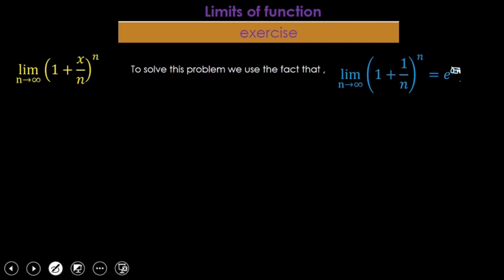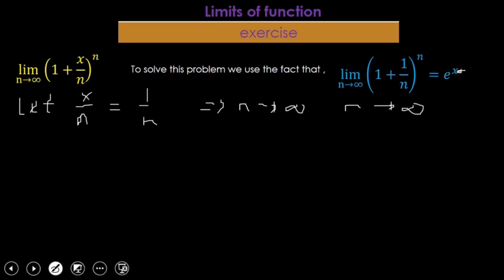Okay, therefore let's solve for this one. Let n all over x, or inverse of that. Let x all over n equals to 1 all over m, which implies as n tends to infinity, m tends to infinity. And we have to know that x is not a variable in this case.